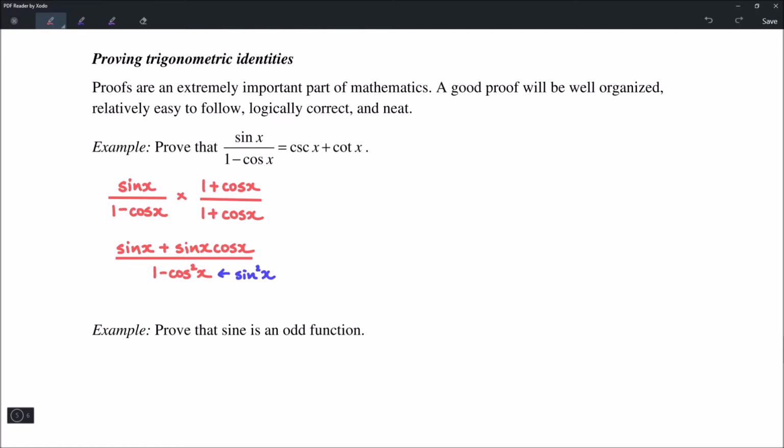So if we were to use that, then the left-hand side becomes sine x over sine square x plus sine x cosine x over sine square x.